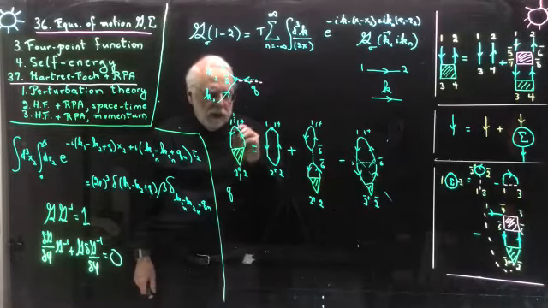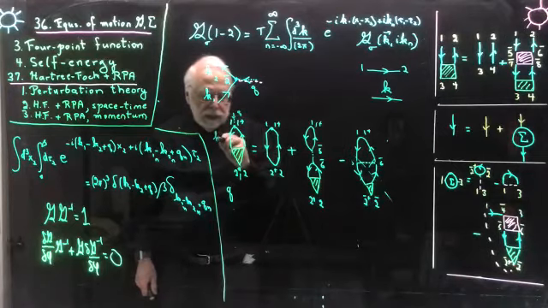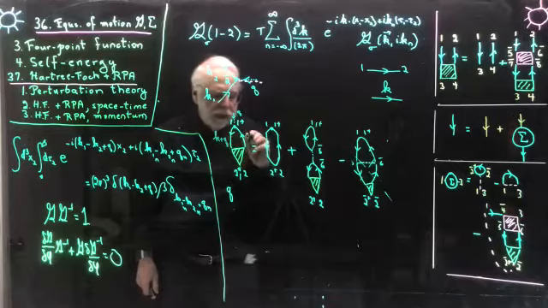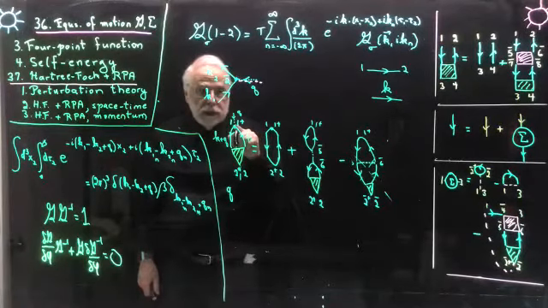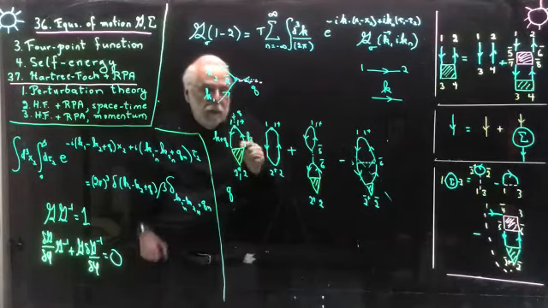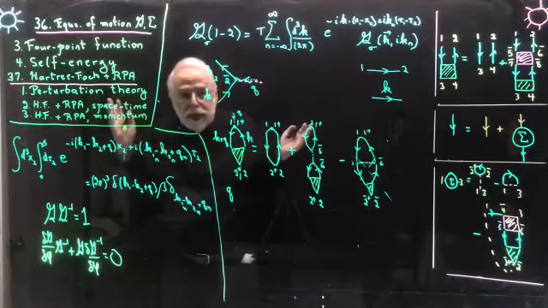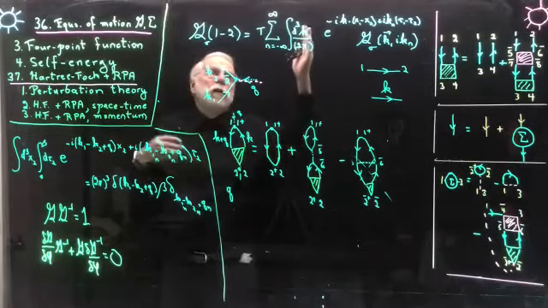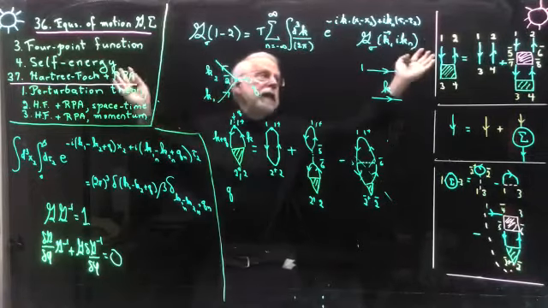Now if I have some momentum Q coming in here, this means that this has to be K plus Q and this has to be K. So I conserve momentum at the vertex. But now I have to integrate over K because that momentum is not determined by anything. You remember I started with integrals over everything in sight here.